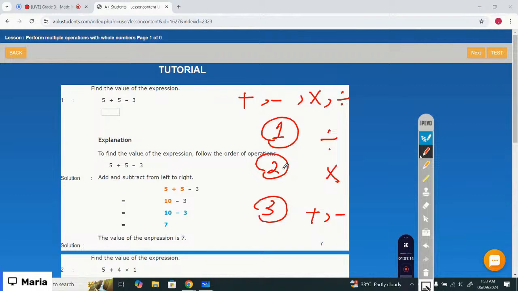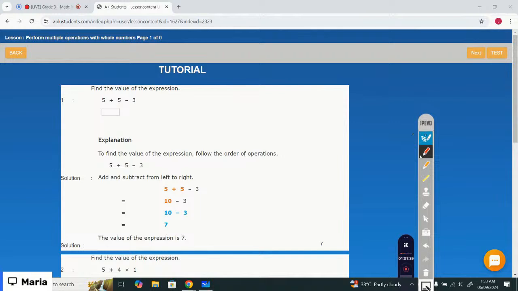Basically, you go from left to right. So if you have addition and subtraction, they are on the same level, so go from left to right and do the one that is on the left and then go to the right. Got it? But if you have all of them in the same question, do division first, then multiplication, then addition and subtraction, right? Just look at the first example.